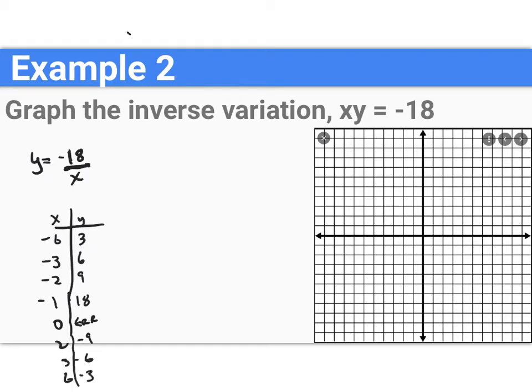Okay, so 2, negative 9. How are we going to do this? So we go by every threes.